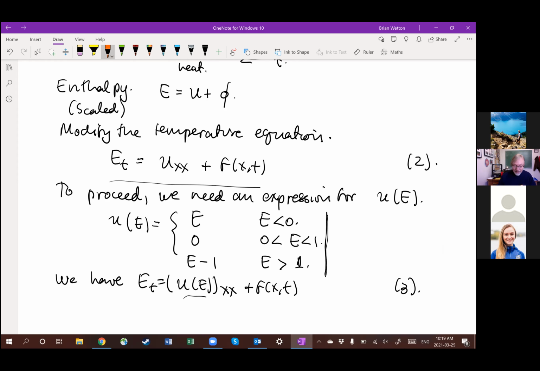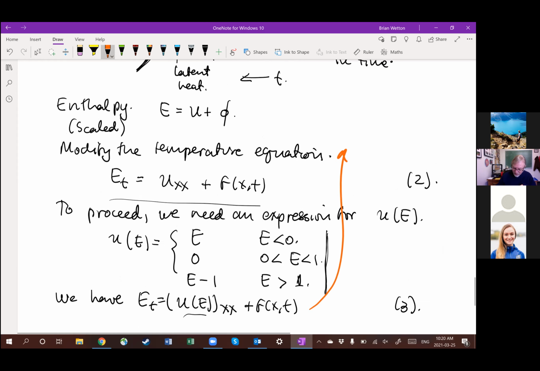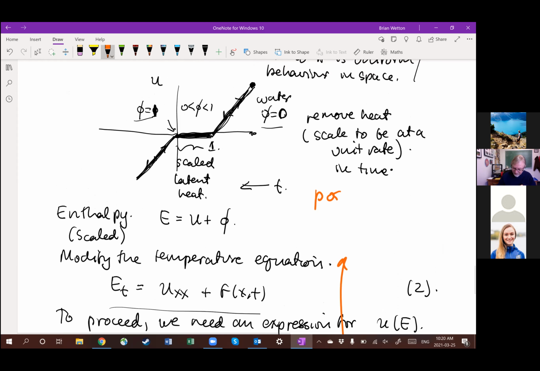You're going to get E out of this, and then from this, you can post-process what region you're in. If you want to look at the ice fraction, I think I messed it up again.